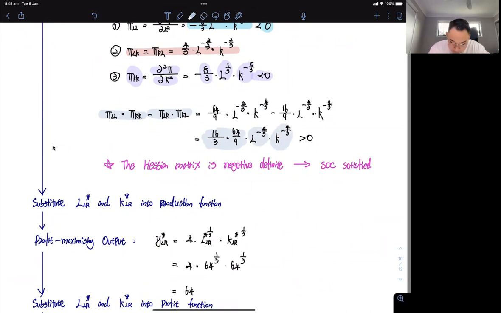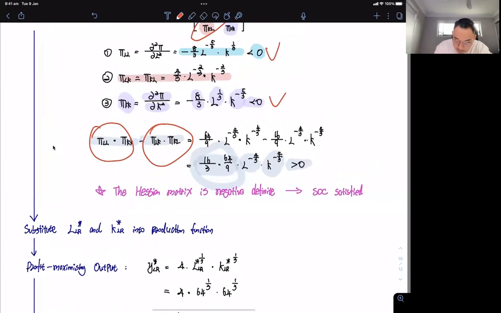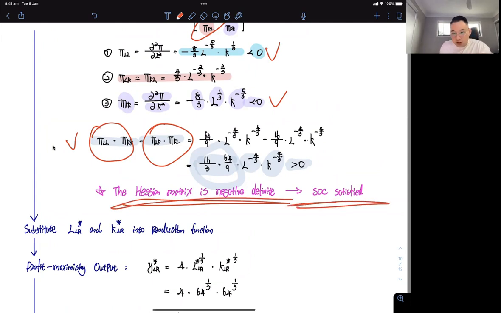Because those two terms are positive, this will be positive, which indeed shows that the own effect is greater than the cross effect. Since we satisfied condition 1, condition 2, condition 3, the Hessian matrix is negative definite, which means the second order condition is satisfied.